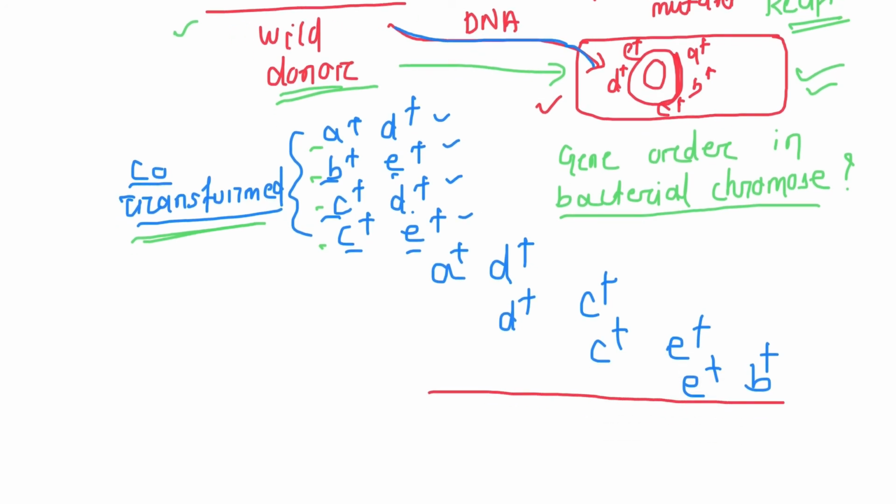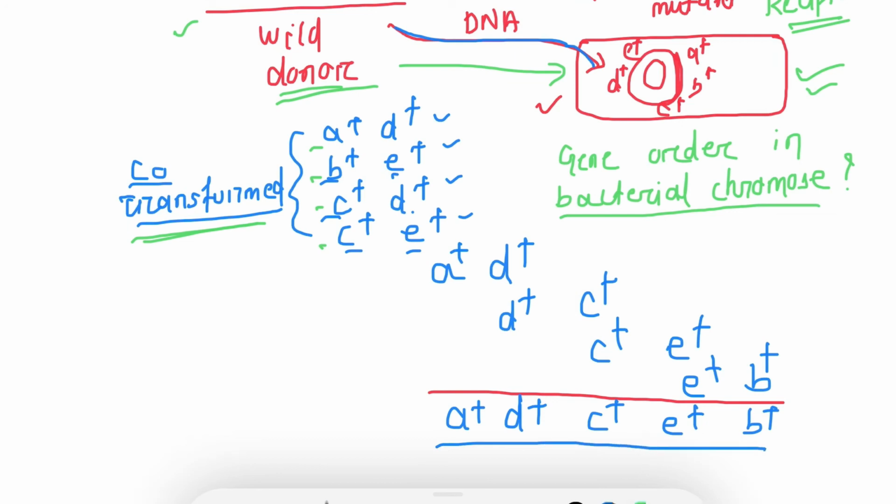Okay, what will be the gene order? First A plus, then D plus, then C plus, E plus and B plus. This is the gene order, and in this way genes are transformed from the donor to the recipient bacteria, and now the bacterial chromosome has this gene order.